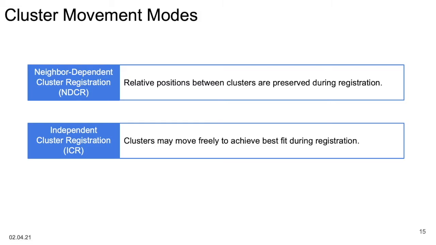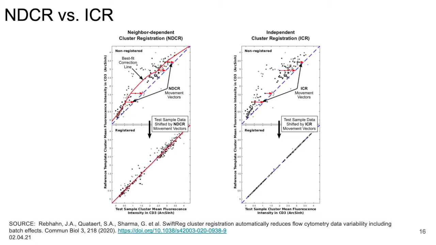I'll show a better example of this in the next slide. And then there's independent cluster registration, which allows clusters to move freely. It is not rank order preserving, so clusters can move past one another to find the best fits within individual channels. And here are two examples side by side.